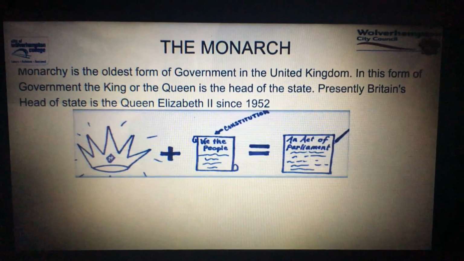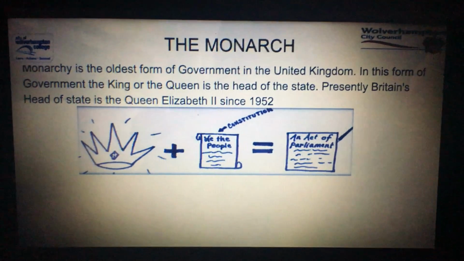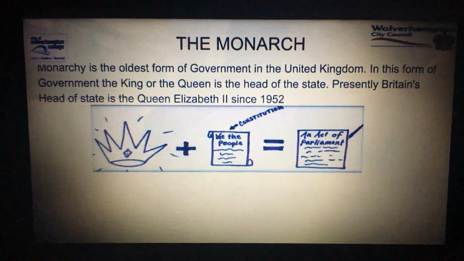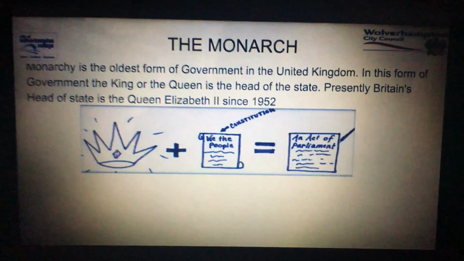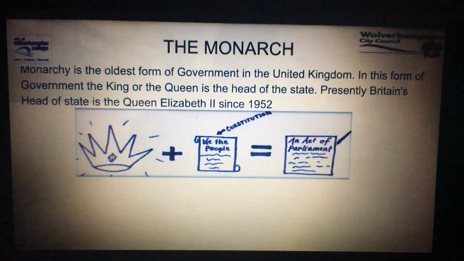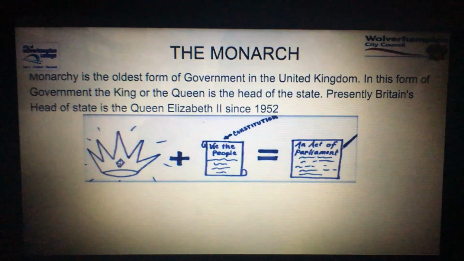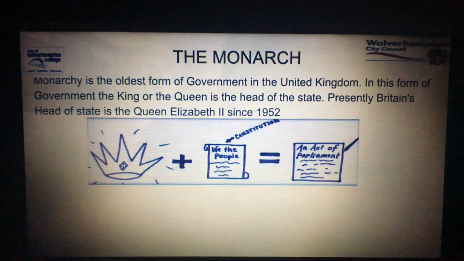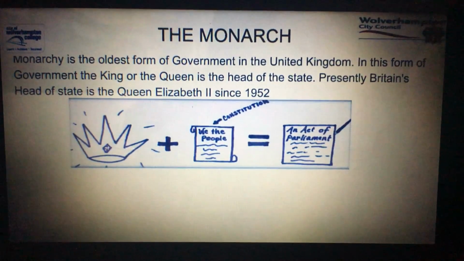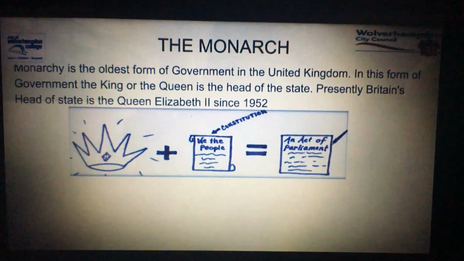In this form of government, the king or the queen is the head of the state. Britain is a constitutional monarchy, which means the head of the state is still the monarch, but the power to make and pass the law is given to the parliament, making the monarch politically neutral.